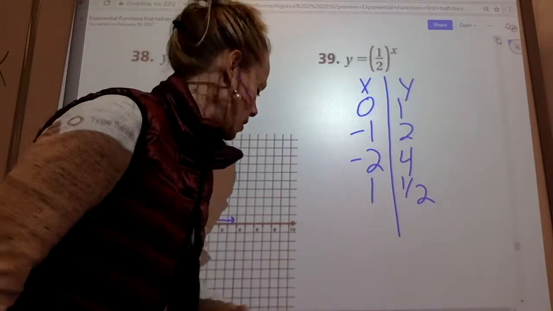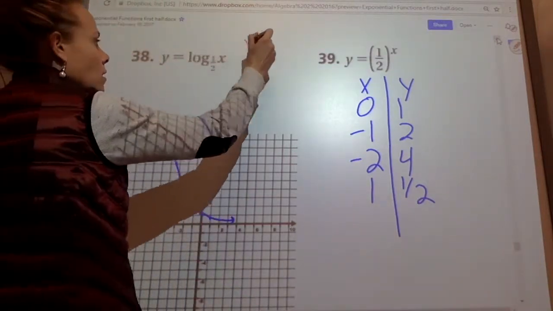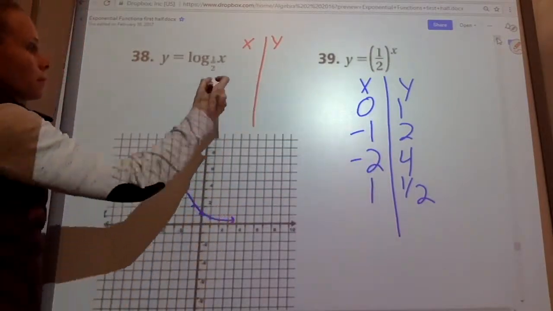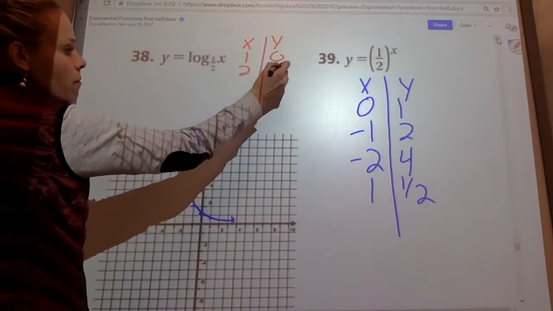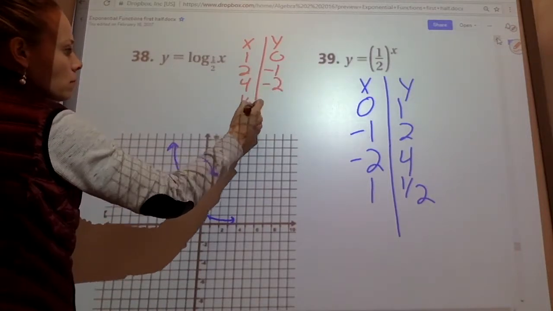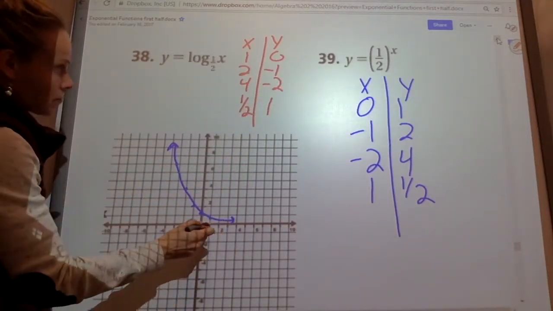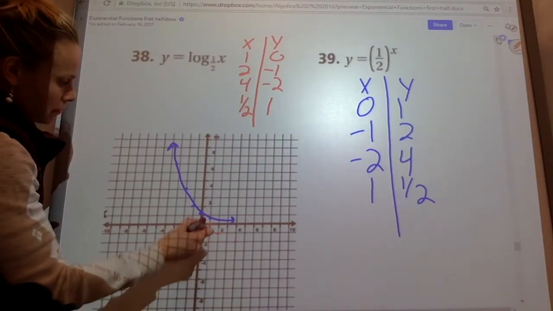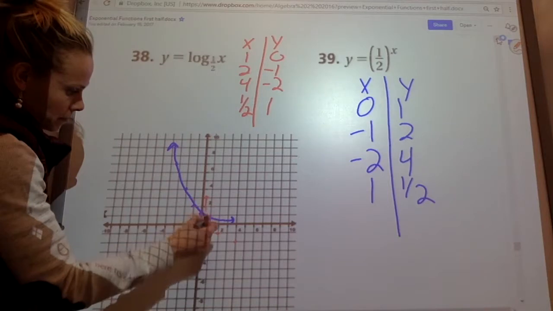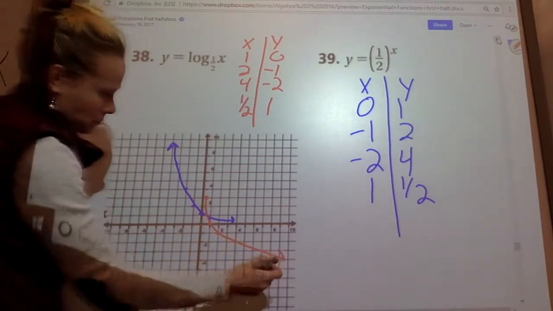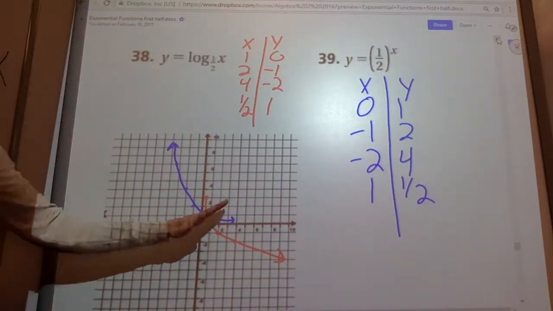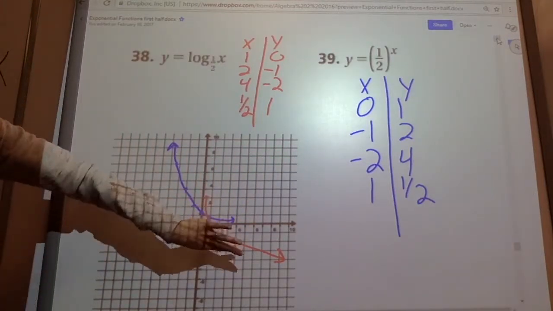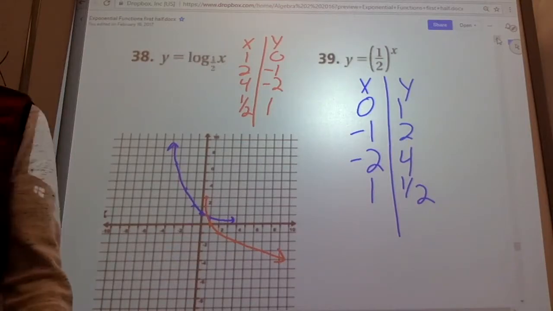And then again, to do the inverse function, I'm going to take those points and flip them. And again, you should see if I put in that y equals x line, that blue function reflected over that line, and that's how I got the red function.